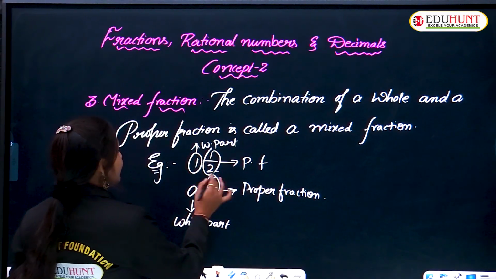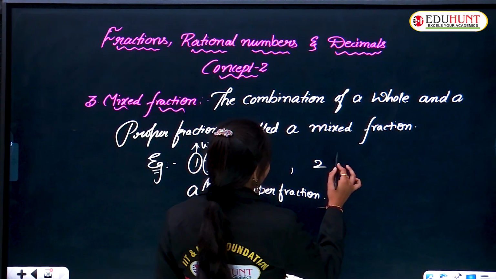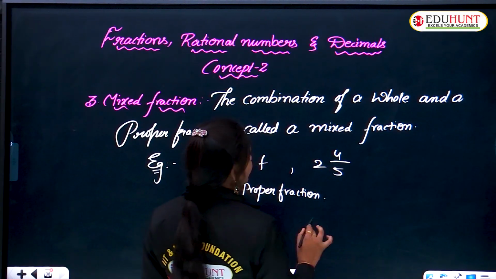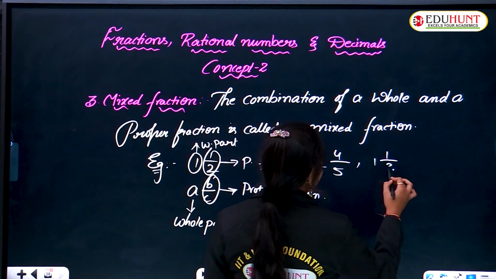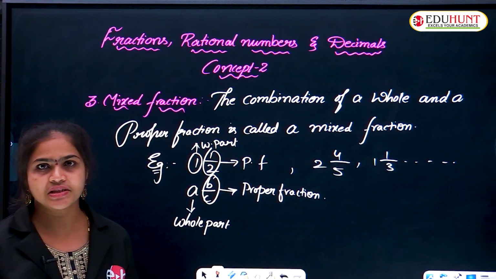That is represented as 1 by 2. Similarly 2 and 4 by 5, 1 and 1 by 3 and so on. This kind of fractions are known as mixed fractions.